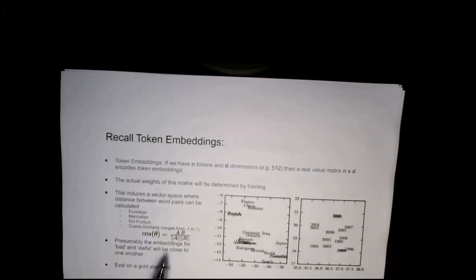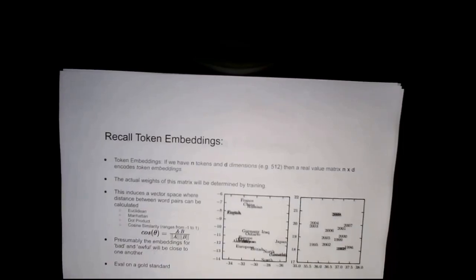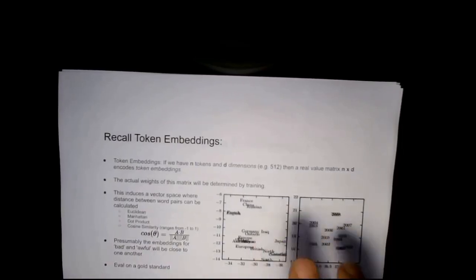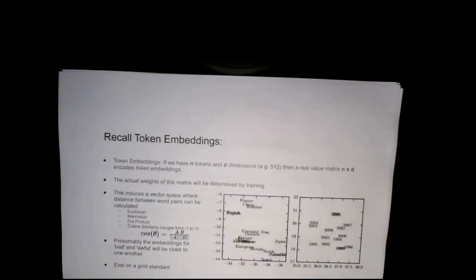Cosine similarity is very popular, and we'll consider that. When we look at the embeddings calculated over the tokens, they have some relationship to meaning. For instance, the two tokens bad and awful should be somewhat close to each other in this embedding space.